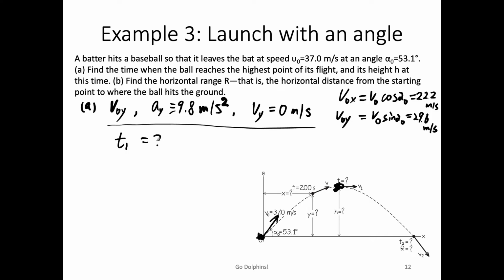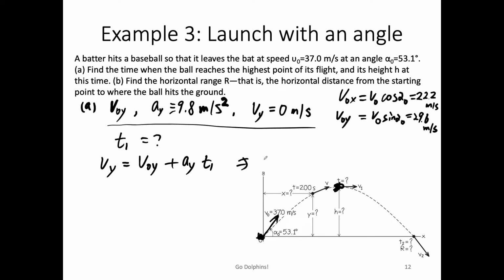So we just need to find which equation has these 4 variables: initial velocity, final velocity, acceleration, and t. And we find the first equation has it: vy equals v0y plus ay t1.